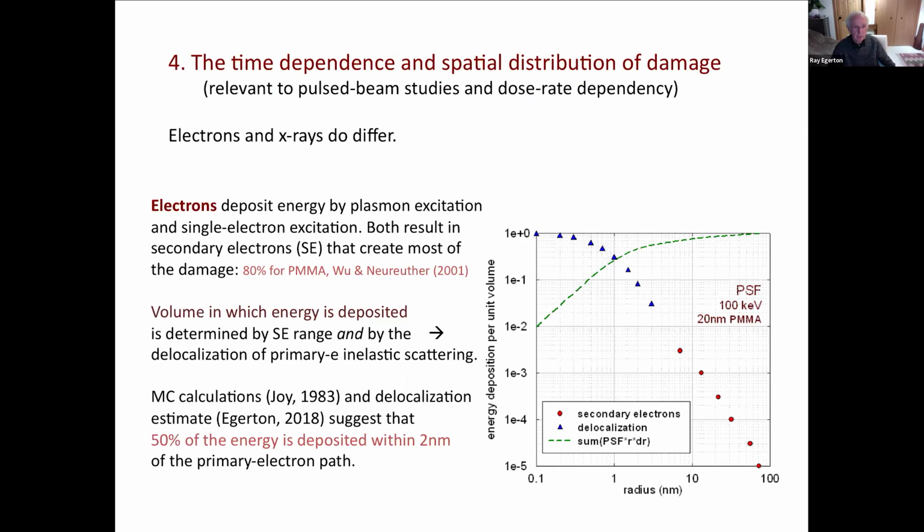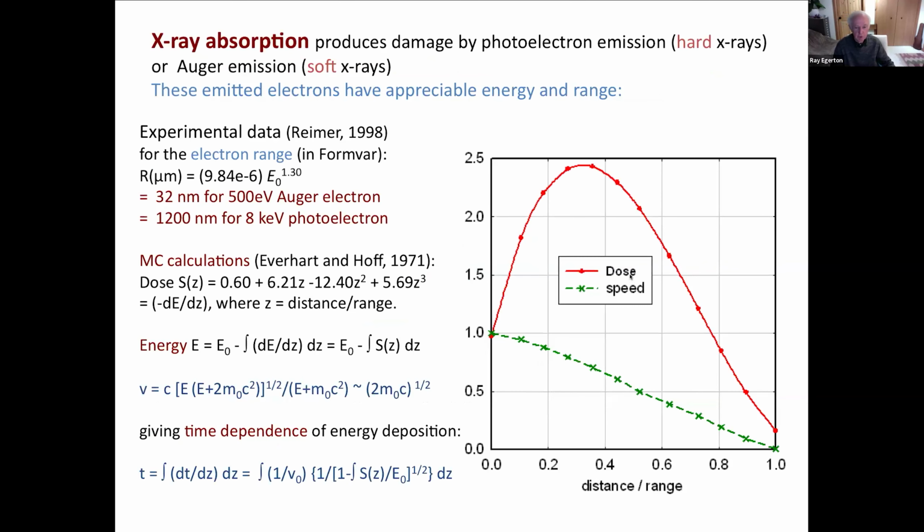Other differences between X-rays and electrons have to do with the localization of the damage. For electrons, you can do calculations and measurements that show that the initial transfer of energy from the primary electron takes place within a radius of roughly 1 or 2 nanometers, whereas X-rays produce their damage by exciting photoelectrons or Auger electrons.